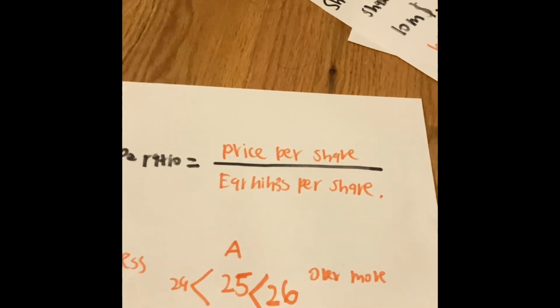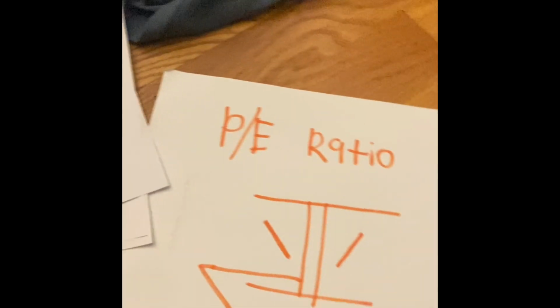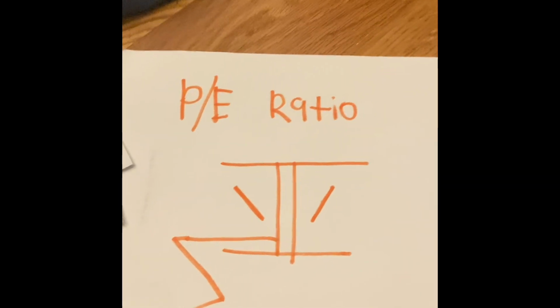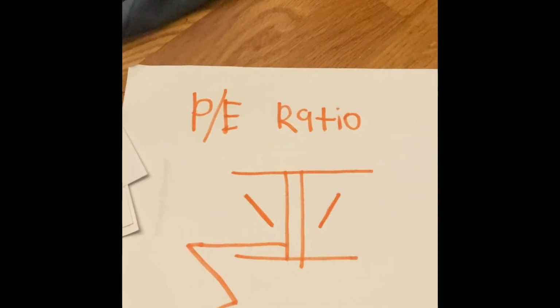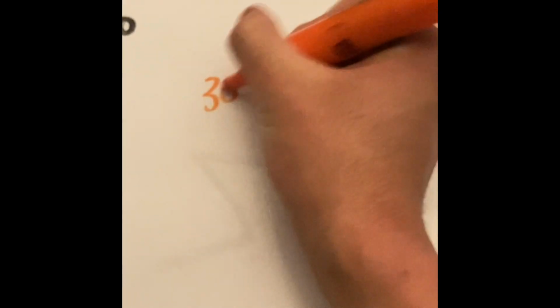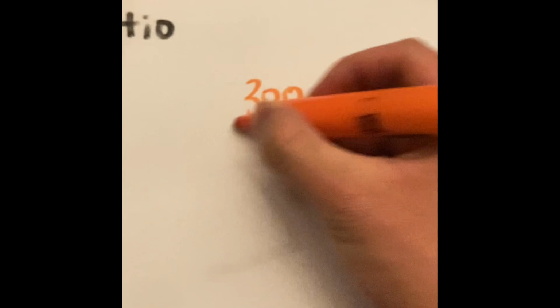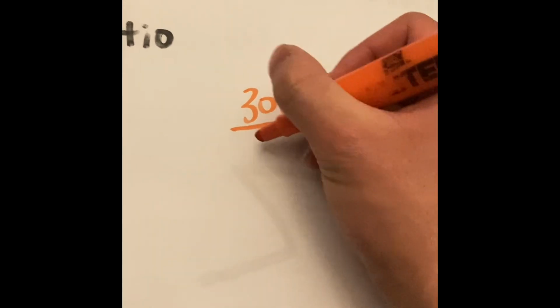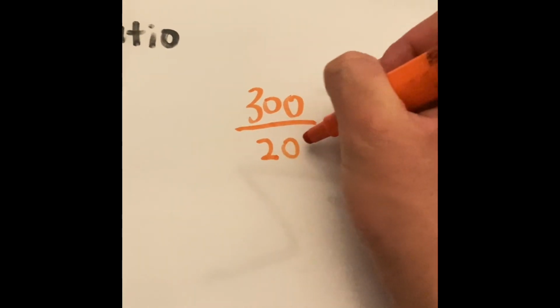Let's do an example. Imagine we have a fictional company. If Taiping Airlines Math Industry ever became a stock, which it can't because we're a non-profit company, what if we say that our earnings per share were, let's say, $300 within the next 20 years? And people are going to earn $20 per share.